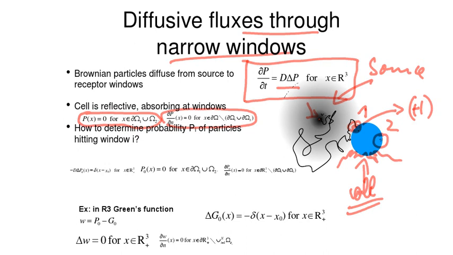So we can determine the probability, P_i, that a particle hits and is absorbed at window i, and for this we can use the Green's function, which is the solution of minus D Laplacian P0 equals the Dirac delta. This is the Green's function.